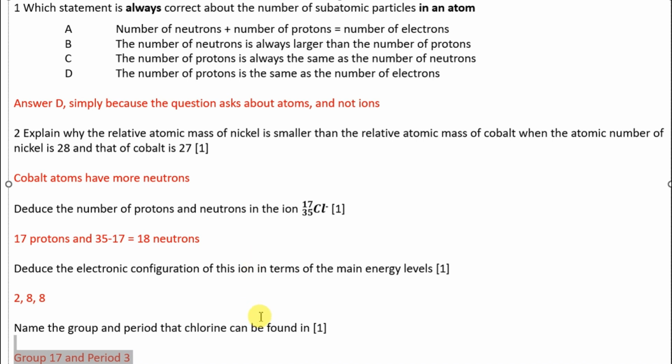My group number, well, if it came from atomic number 17, 17 protons means 17 electrons, means electronic configuration 2, 8, 7, remembering that means group 17. 3 occupied shells, period 3.